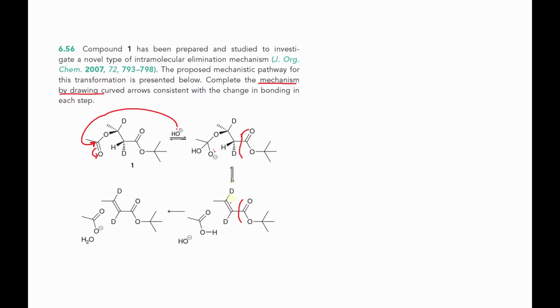That's because over here we have to create a double bond. Once it grabs the hydrogen, the electrons between the hydrogen and the carbon are going to play a key role in making that double bond over there. Okay, let me draw it bigger.